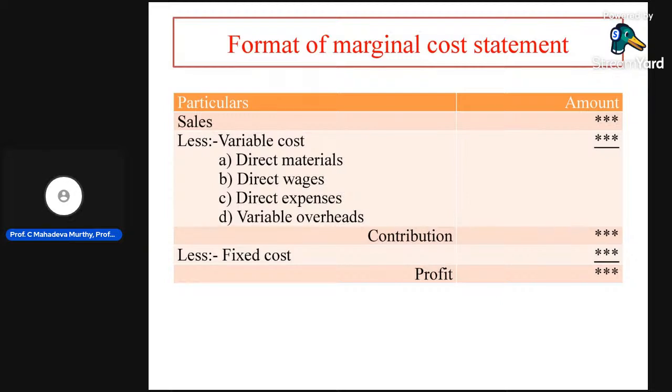We call it variable cost or marginal cost. Sales minus marginal or variable cost is equal to contribution.